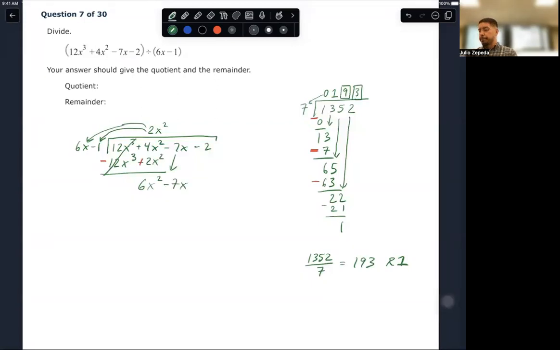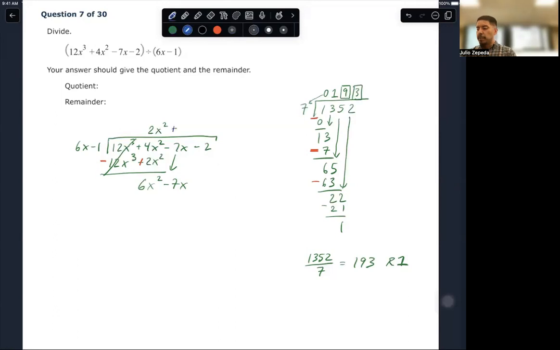Okay. Next question. What do we have to multiply 6x by to get 6x squared? We're going to multiply 6x and we want to get 6x squared. Yeah, just 1x.